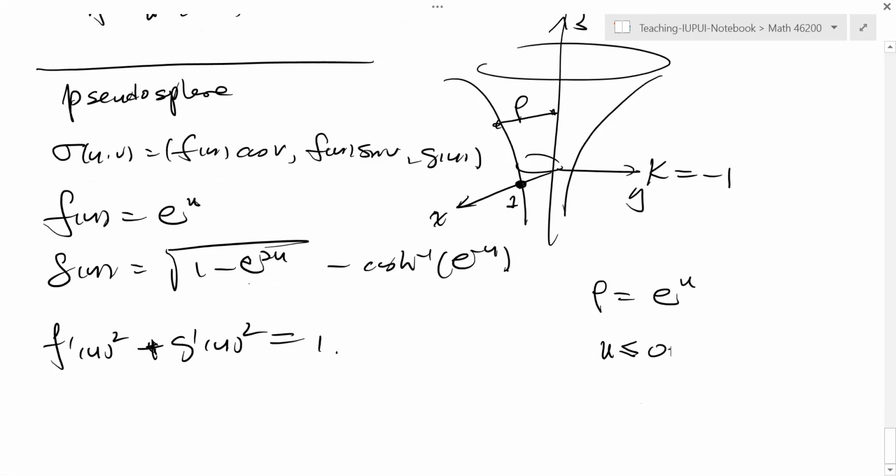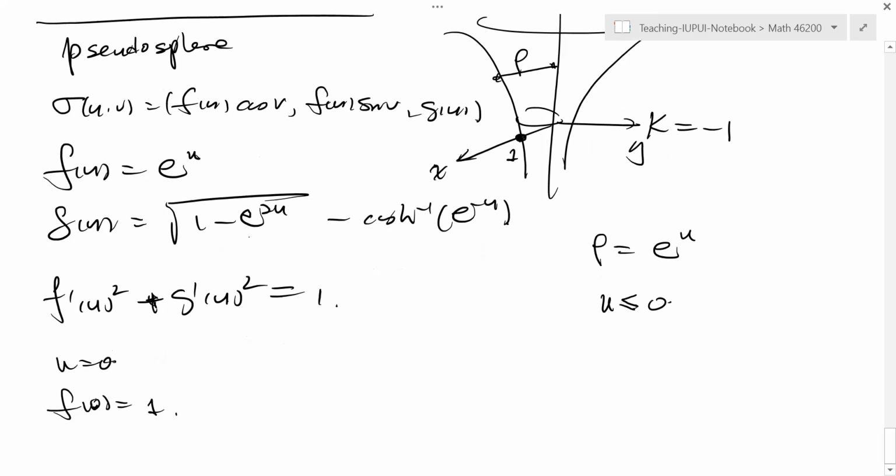Let's continue. When u equals 0, f of u is 1, and that's the start point. g of u is the negative of the hyperbolic cosine of 1 term, which is going to be 0, since hyperbolic cosine 0 is 1, so that's why.